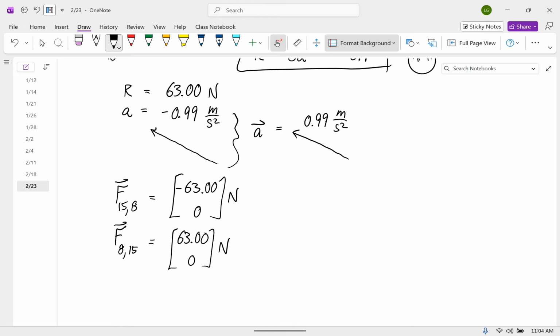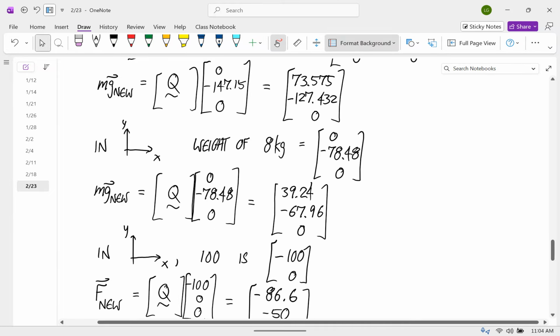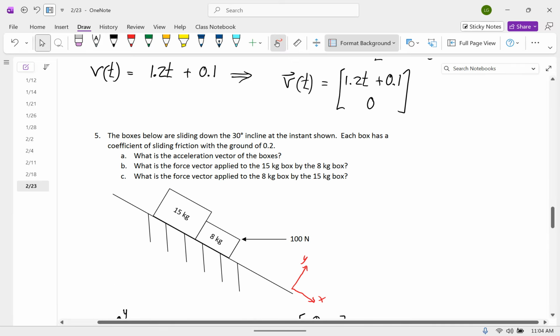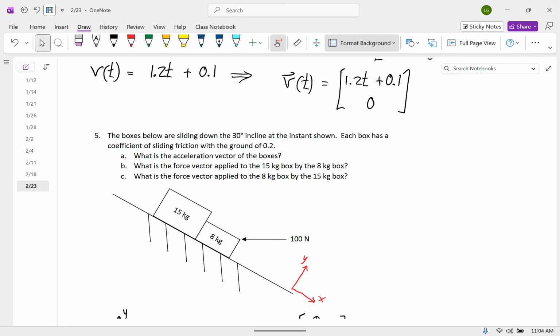How did we know that the acceleration was only in the x direction? Yeah, anytime something is rolling or sliding along an incline, we're going to assume that it's not bouncing up off the surface or sinking into the surface, and so it's constrained to move along the x-axis.